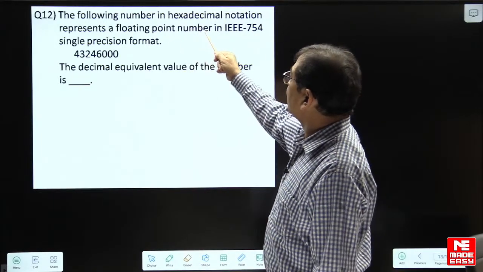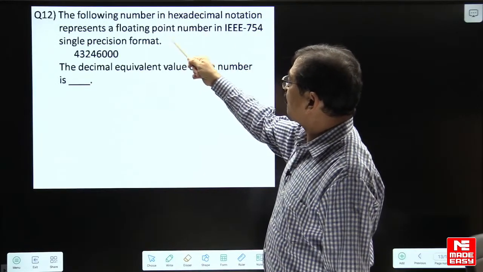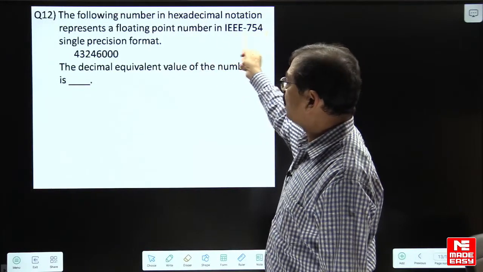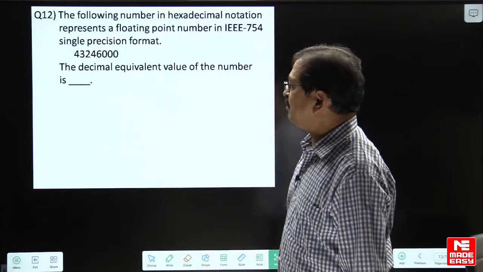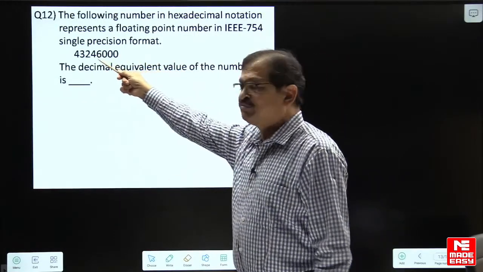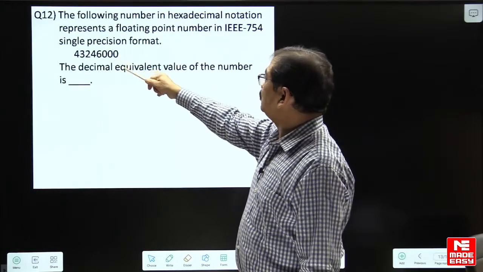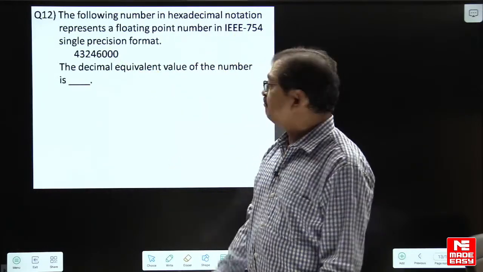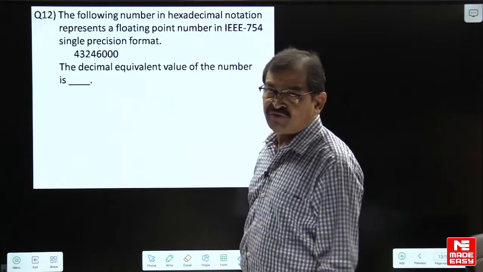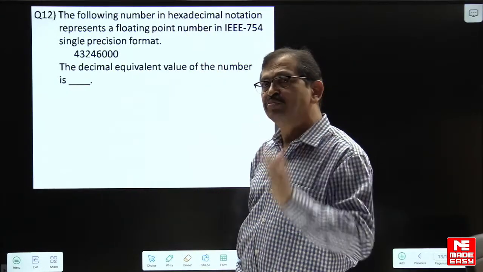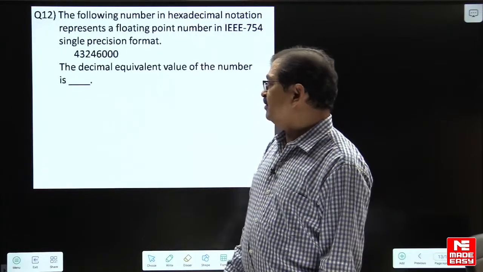The following number in hexadecimal notation represents a floating point number in IEEE 754 single precision format. So this number is in the hexadecimal format, right? This is basically referring to IEEE 754 single precision format, which you know is a 32-bit representation, right?